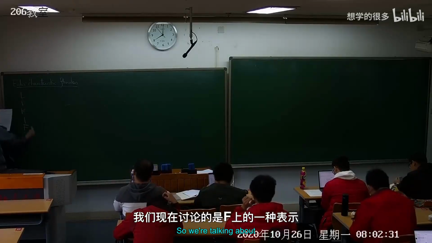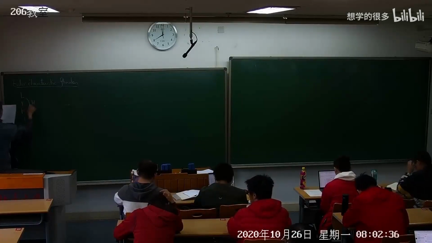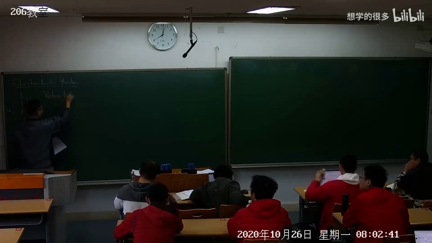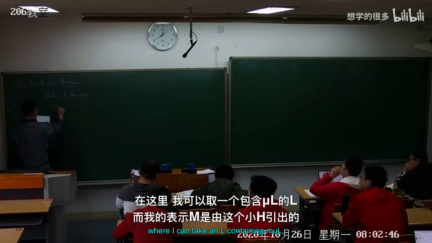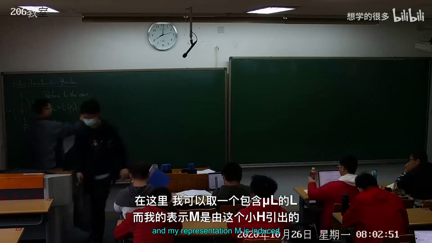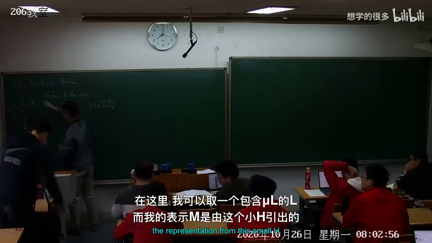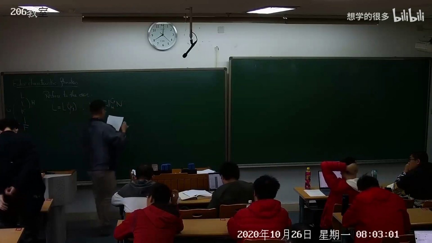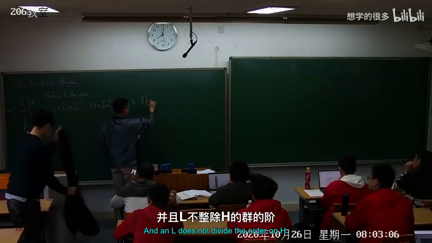So we're talking about a representation on F. Basically, we can reduce to the case where I can take an L containing mu L, and my representation M is the induced representation from this small H to G of a representation N, and L does not divide the order of H.